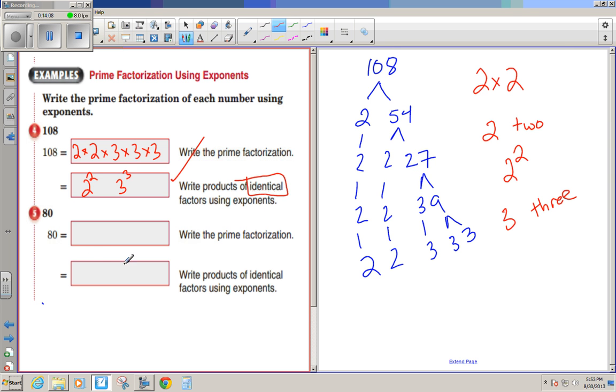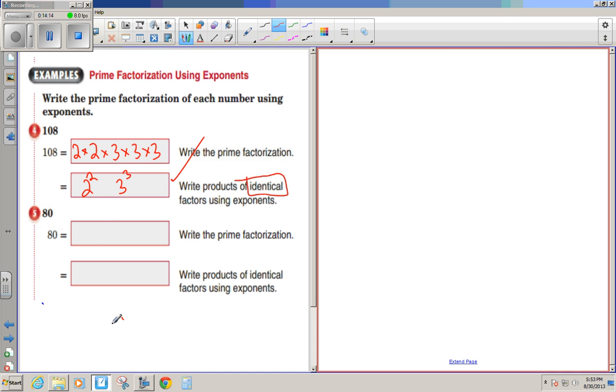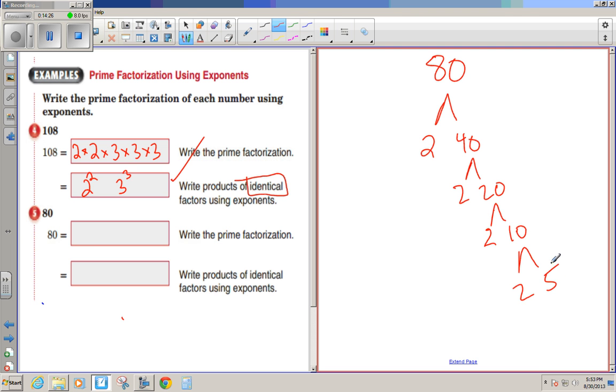So look at this and pause the video, look at the example here, try 80. It's even. It's even. It's even. And it's even. So we'll bring these twos all the way down.